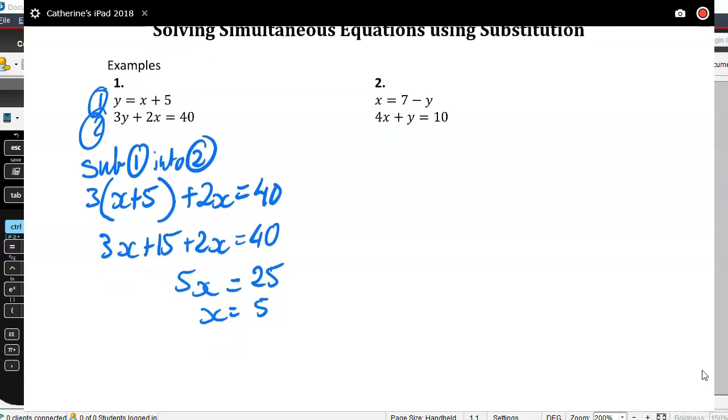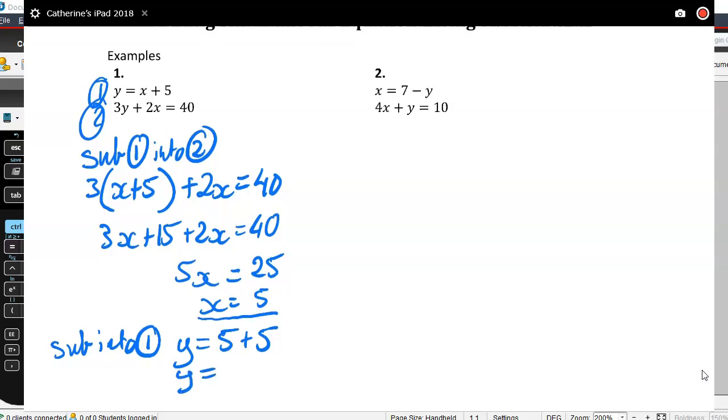So knowing that x is equal to 5, notice I do a little underline there, and then go sub into 1 to find my value for y. So 5 plus 5, y equals 10.